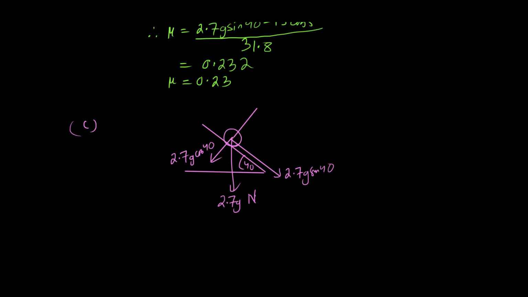Now this is normal to the plane reaction force, and this is mu r. One thing is very, very important. The mu value is the quality of the surface. The mu value is always constant regardless of whether the situation of the math has changed. For example, here the force is removed, but that will never affect mu. So mu is going to be 0.232 r.